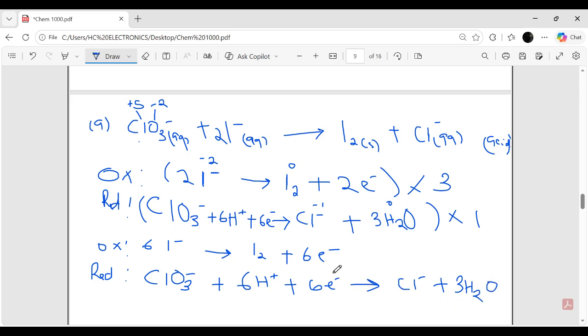After having this, you know that the electrons in the oxidation are on the right side, but in the reduction, they are on the left side. So they are going to cancel.